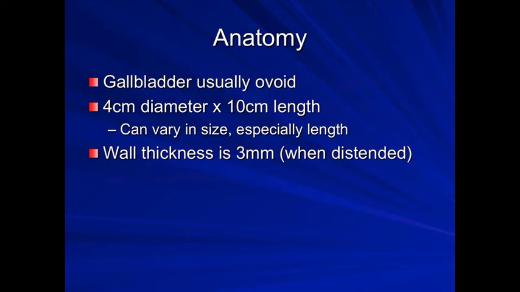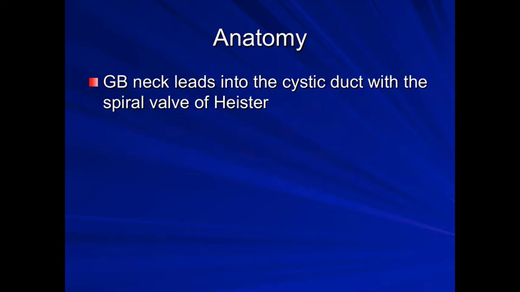The wall thickness is up to 3 millimetres, but this is when the gallbladder is distended, and when it's contracted, the wall will often appear thicker than this. If you track down the neck, it then leads into the cystic duct, and within this there are the spiral valves of Heister, which you can see.